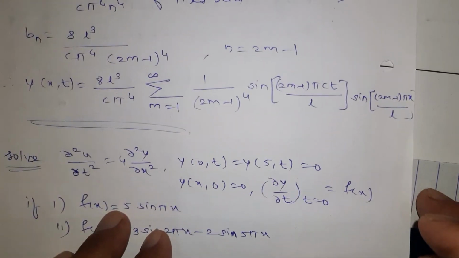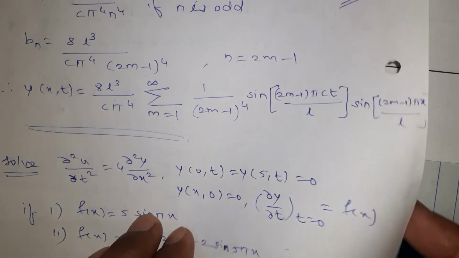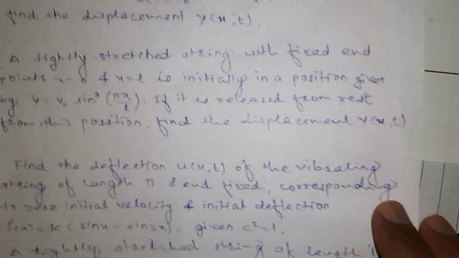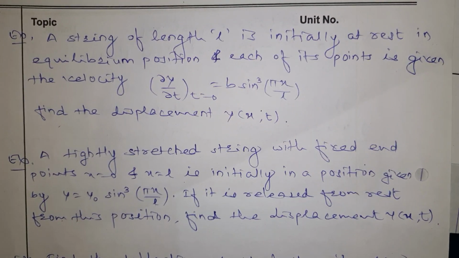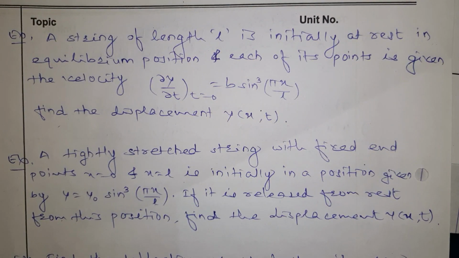And if you want some more examples to solve, then you can also try and find the answers. Here I put a few examples in front of you. If you are able to solve, then try it and solve it, right?